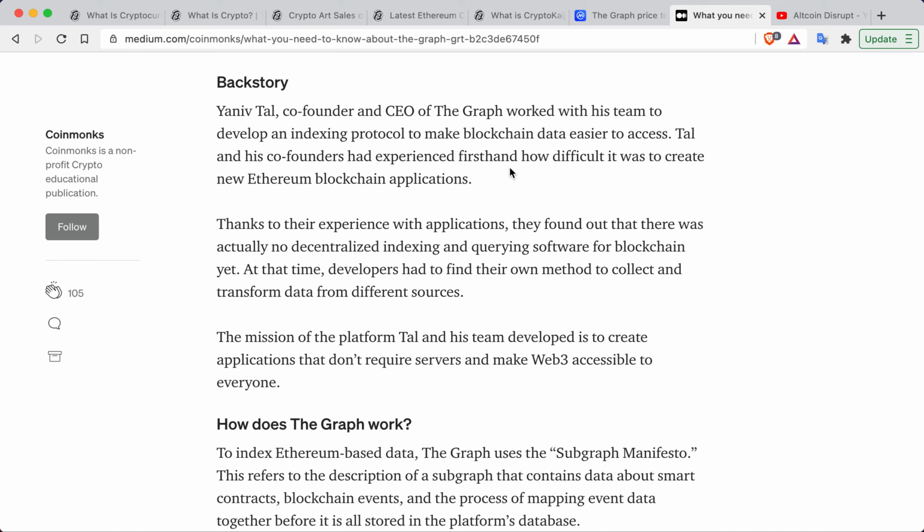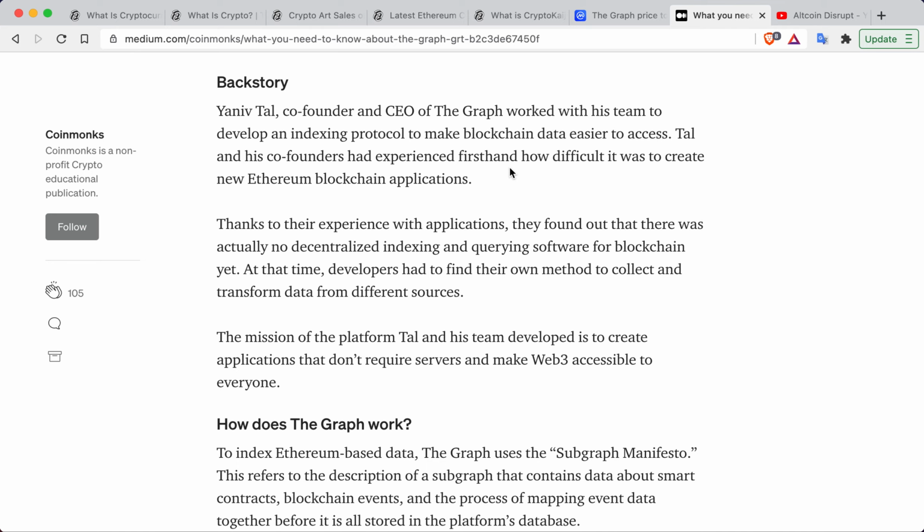The co-founder and CEO of the Graph, Yaniv Tal, worked with his team to develop an indexing protocol to make blockchain data easier to access. Tal and his co-founders had experienced firsthand how difficult it was to create a new Ethereum blockchain application.